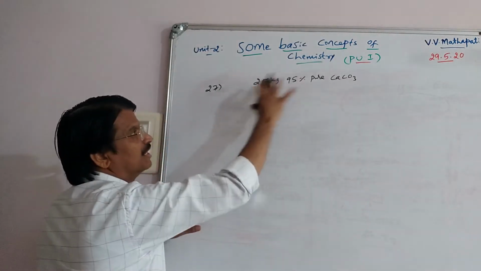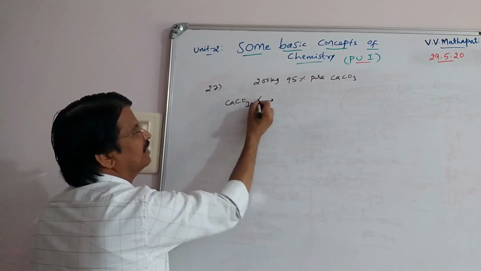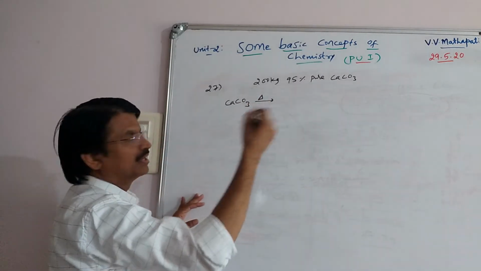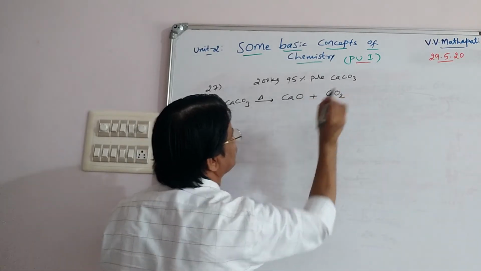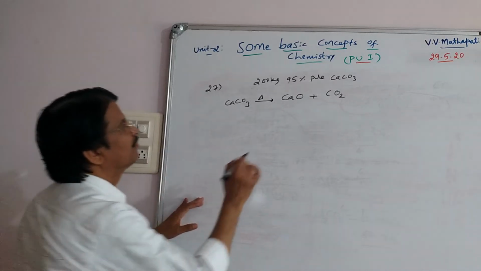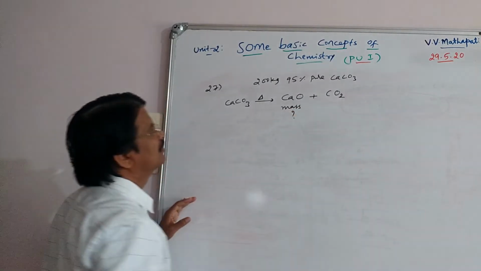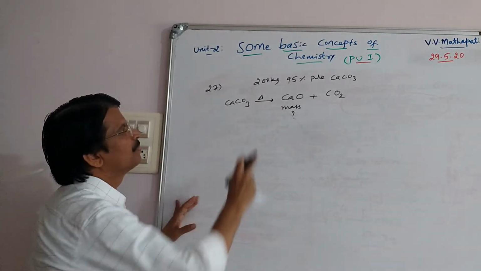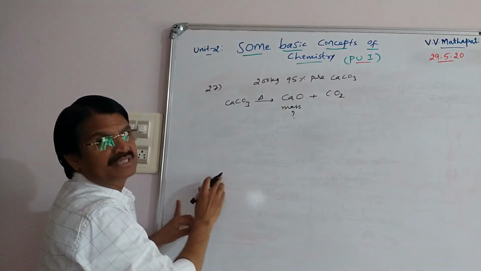Now, if it is given like this, first you write CaCO3 on heating undergoes thermal decomposition to form CaO plus CO2. Then they are asking the mass of CaO, but they give 200 kg of 95% pure CaCO3.